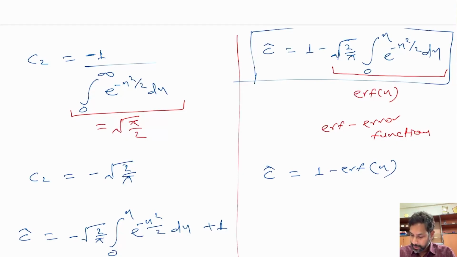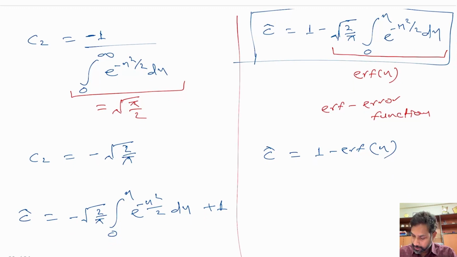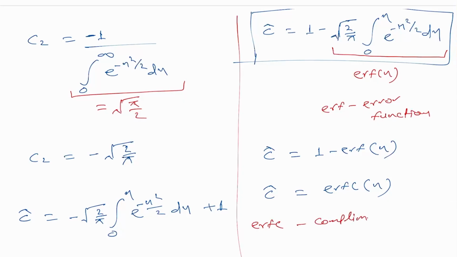Okay, and interestingly again, 1 minus ERF is actually defined as ERFC. So C hat can also be written as ERFC of eta, where ERFC is known as the complementary error function.